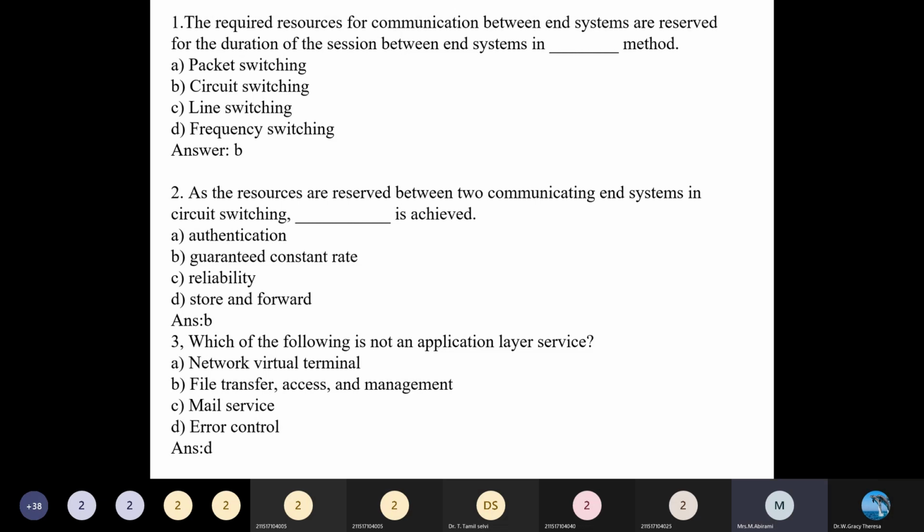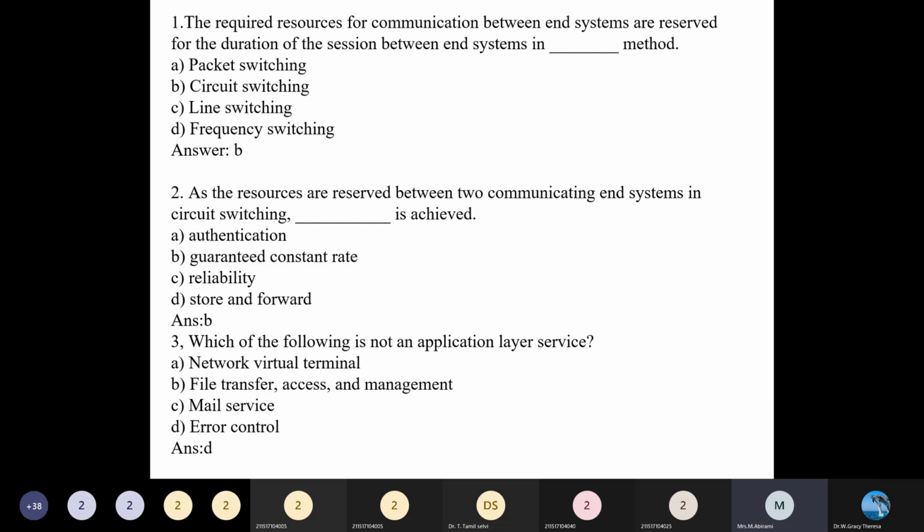Yes, the resources are shared in communication of end systems in circuit switching and achieved at a constant rate because in a circuit switched network it is guaranteed once the data transfers from one source to another end system.